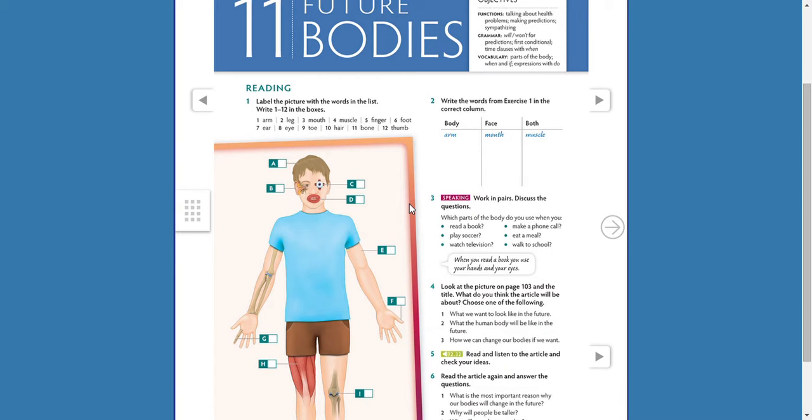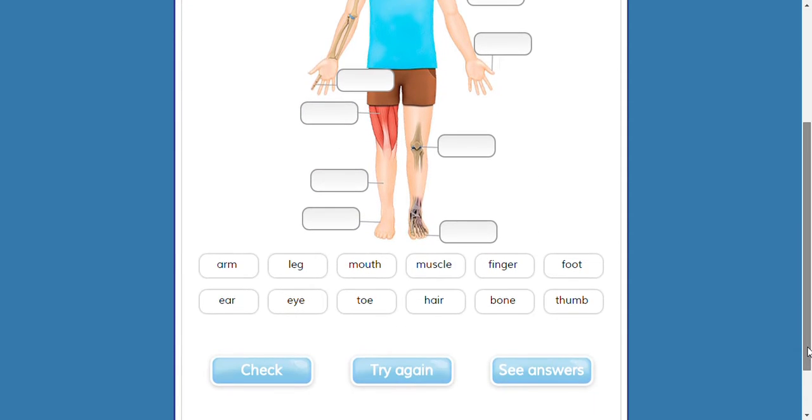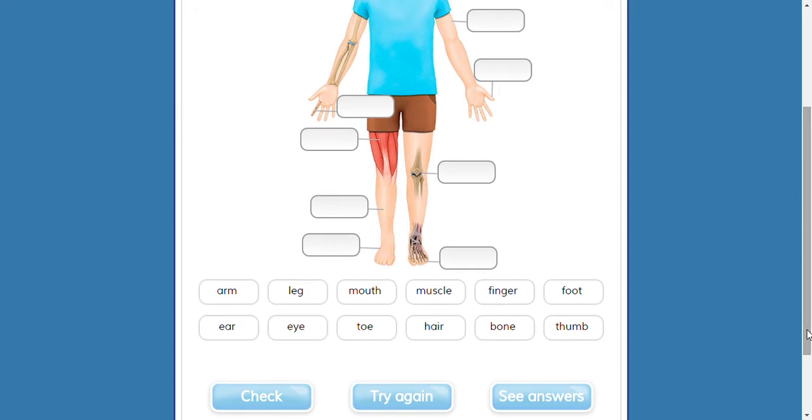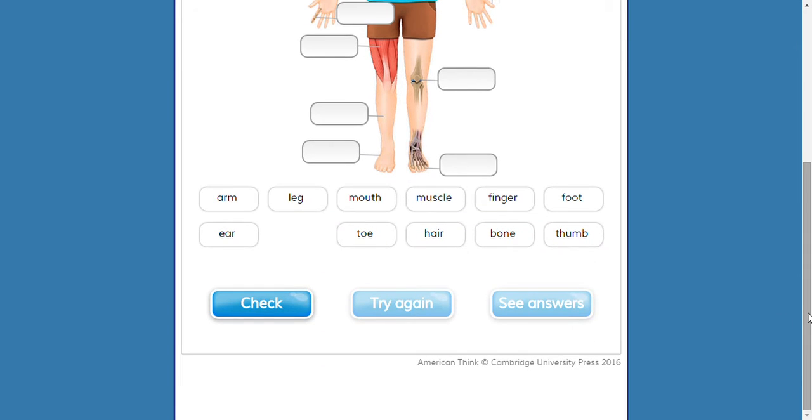No? So what you have to do is we are going to put the correct word in the correct part of the body. For example, if I say, okay, an easy one, if I say eye, what is the eye? Yes, you're right. This is the eye. Now let's see. If I say, I don't know, foot.